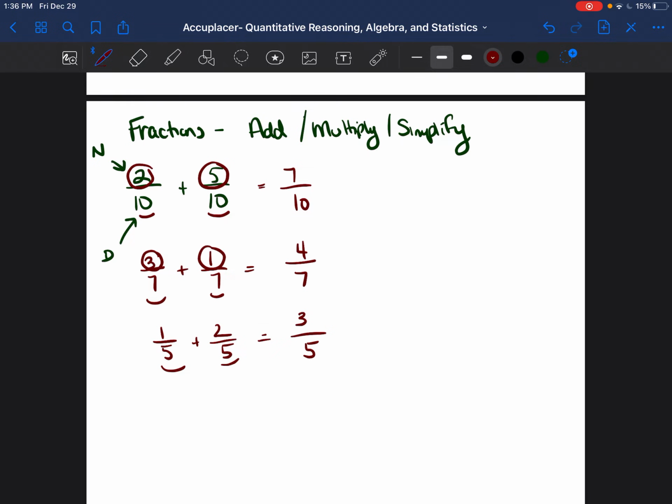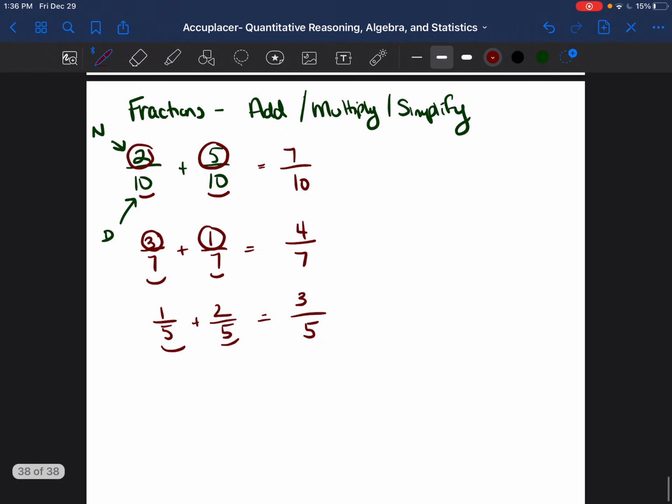Okay, so then what happens when you get a fraction that's like 1/2 plus 2/4? So now if you look at these, they have different denominators, so you can't add them yet. What you have to do is make the denominators the same. The way that you make denominators the same is I like to write it 1/2 and 2/4.